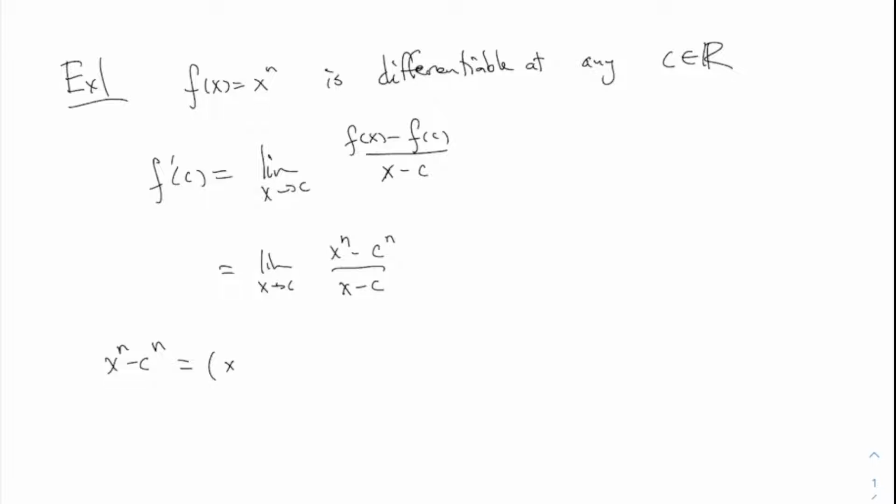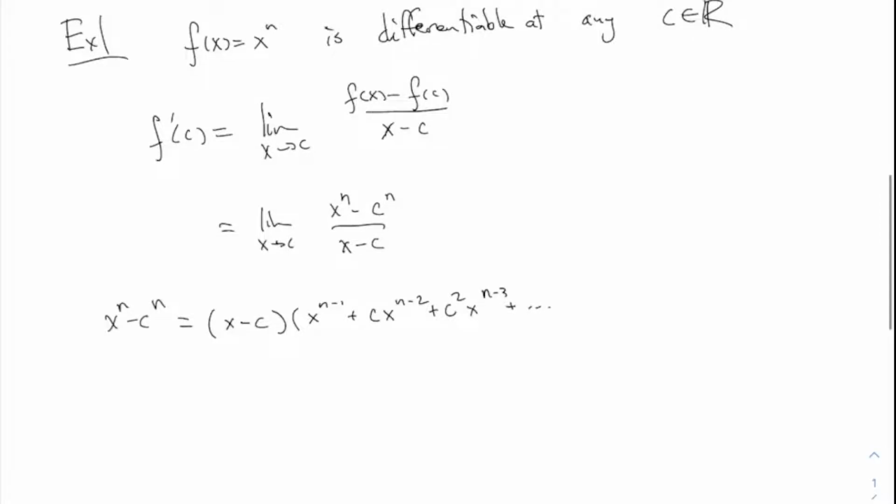It factors as x minus c, and then the other part is x to the n minus 1 plus c x to the n minus 2 plus c squared x to the n minus 3, etc., and then all the way down. As you go through this sum, the power on x decreases each time while the power on c increases each time. The last term looks like c to the n minus 1 times no x's, right?